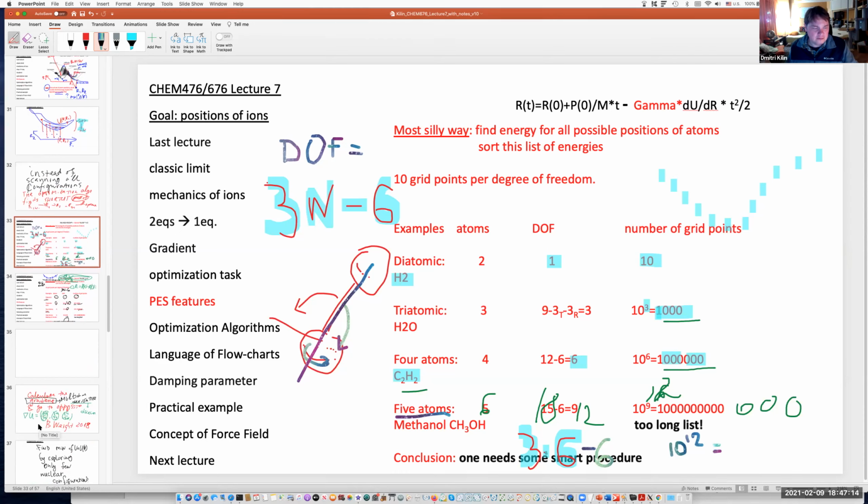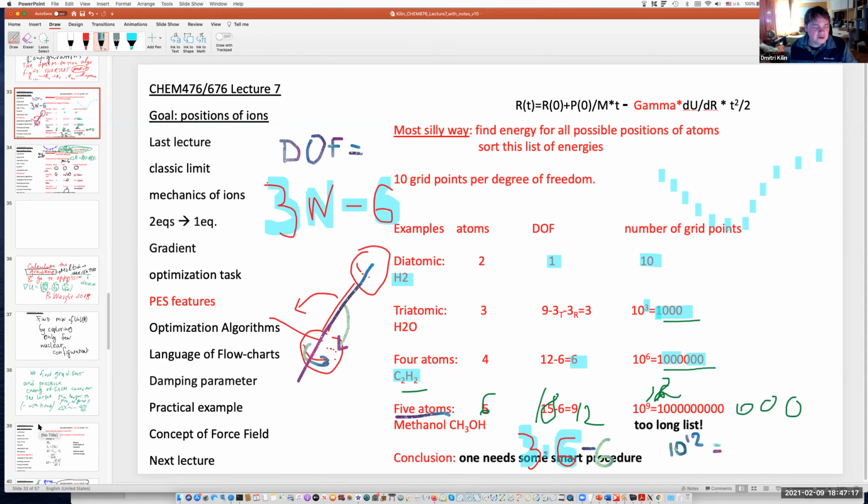Instead, we can try a different algorithm. We will select arbitrary initial interatomic distances as we draw with the chemical drawing software.